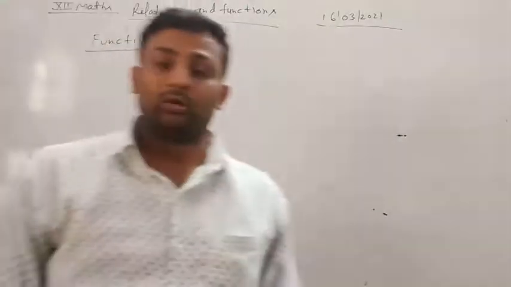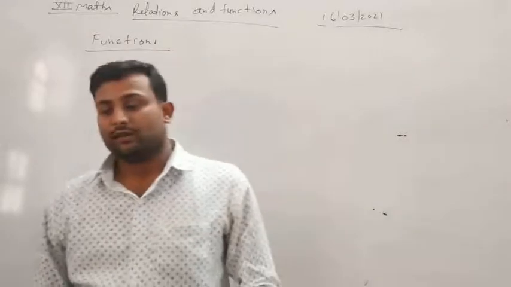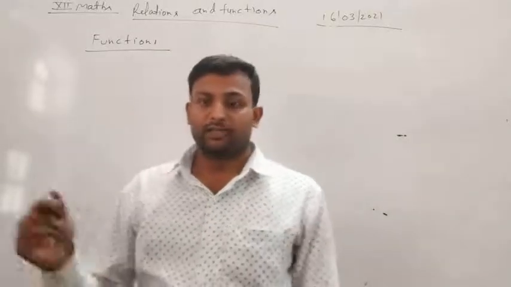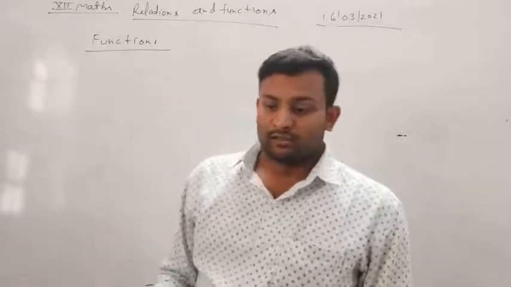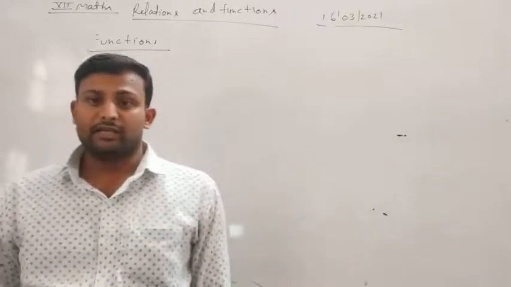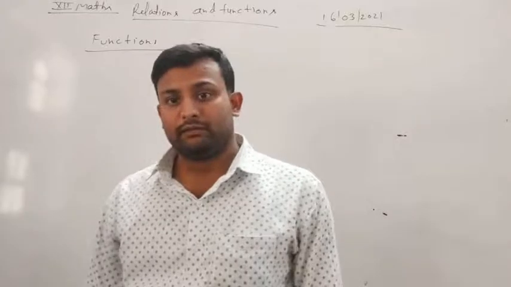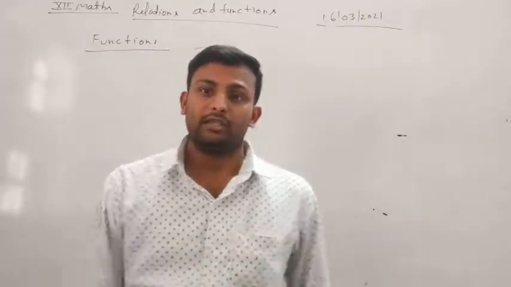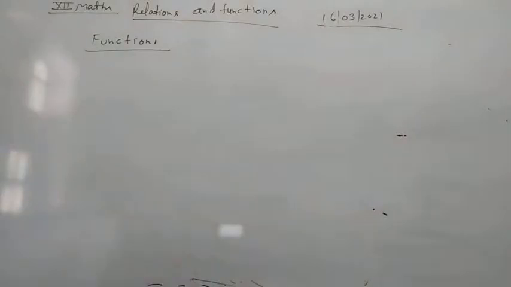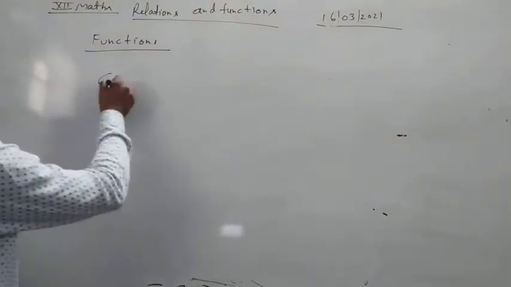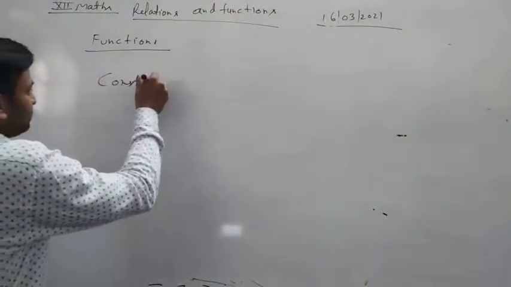If A and B are two non-empty sets, then a function from set A to set B is one in which each element of set A is uniquely related with an element of set B. Now we study the first, constant function.